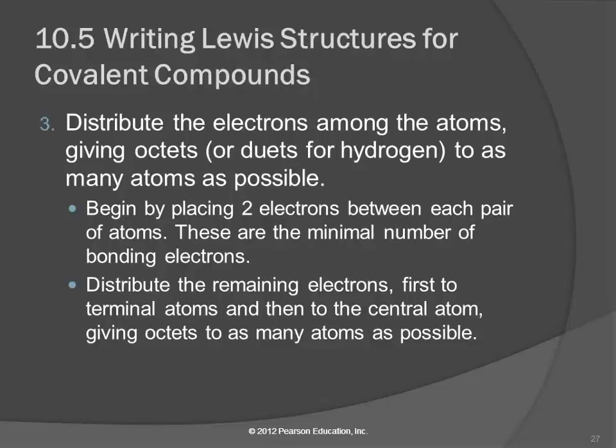and then take the rest of them and distribute them as dots, and try to get everybody to have an octet of electrons. And sometimes you can just spread them around and everything's good. Of course, remember that hydrogen only needs 2 electrons. So hydrogen never has a lone pair because hydrogen has the one bond, and the one bond makes hydrogen happy.